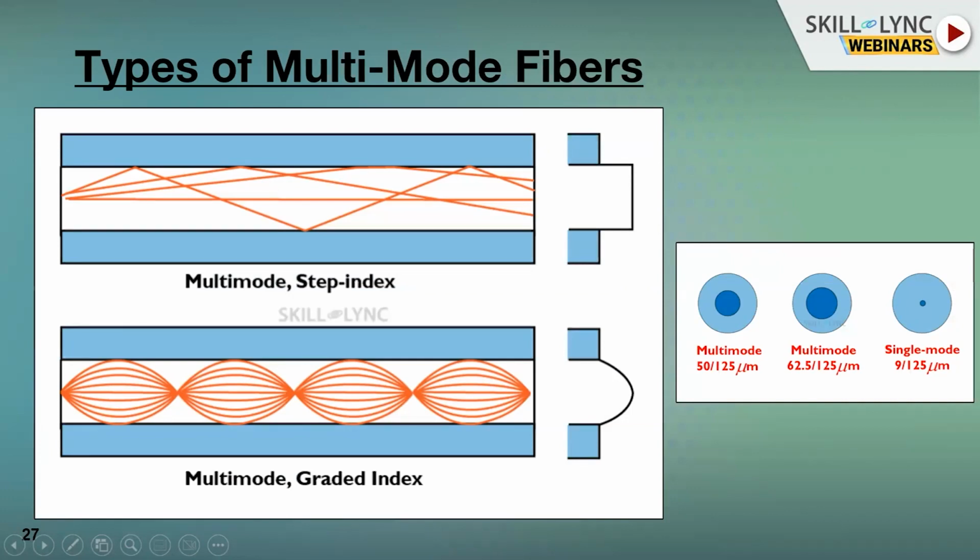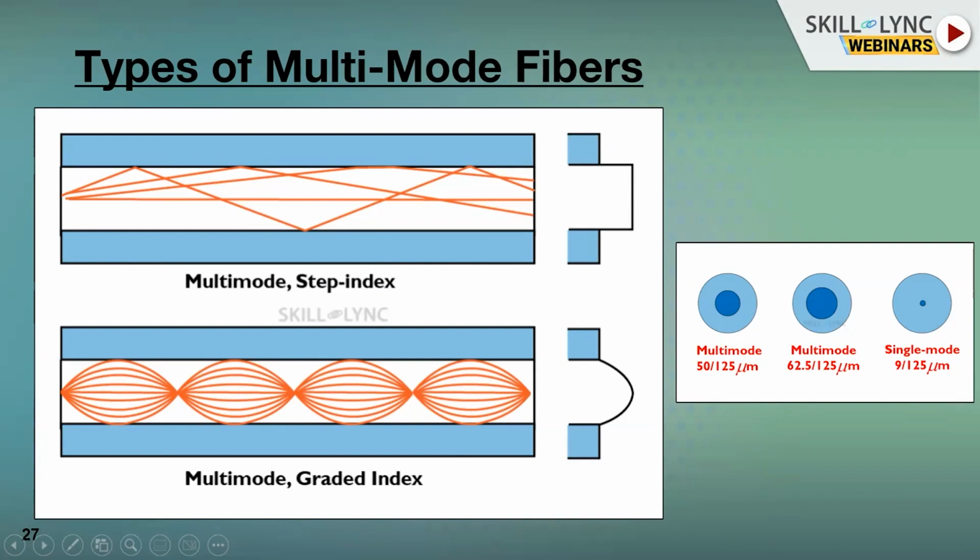So what is step index? The core of the step index is made up of completely one type of optical material, and the cladding is another type with different optical characteristics. It has higher attenuation and it is too slow for many users.